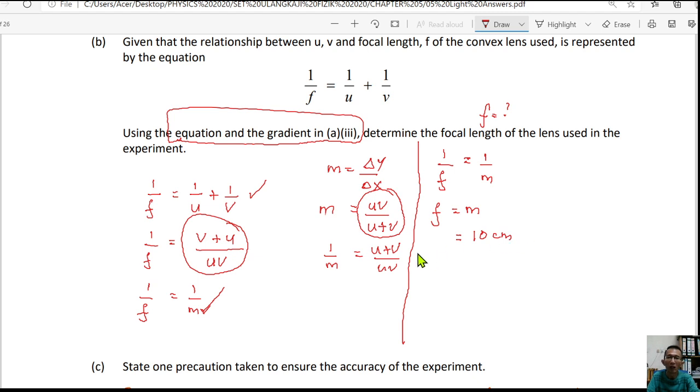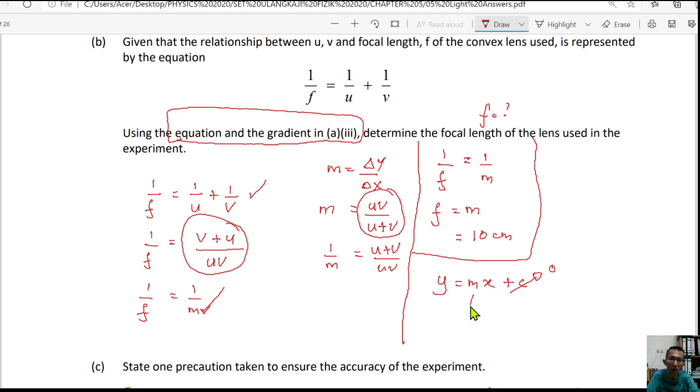Actually, you can also use your mathematical skills. From 1 over f, you can try to compare it with the equation y equals mx plus c, but in this case my c would be 0 because I start from the origin.